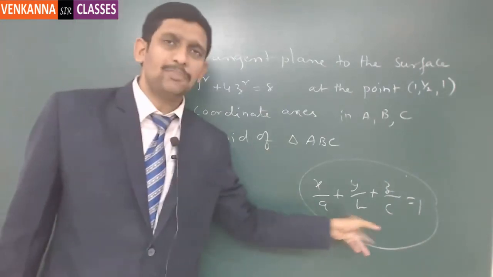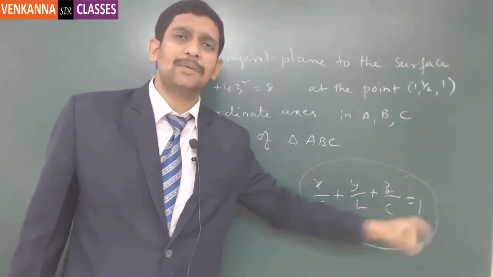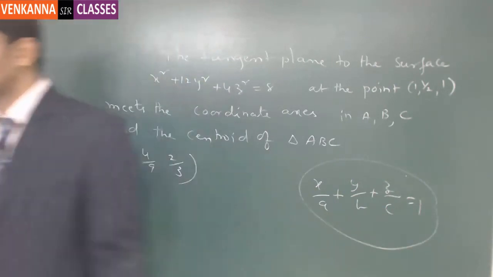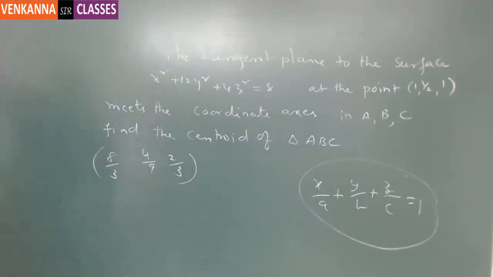So you will get the x-intercept, y-intercept, z-intercept. Then calculate the centroid. That's it. Are you able to do it? The answer is 8 by 3, 4 by 9, 2 by 3. So take a note of that problem. Then I will discuss the interesting problem.